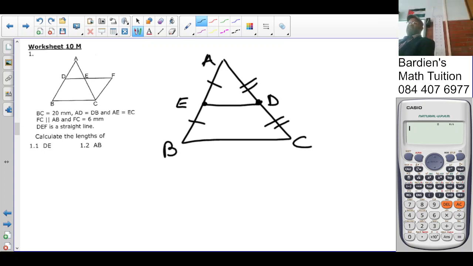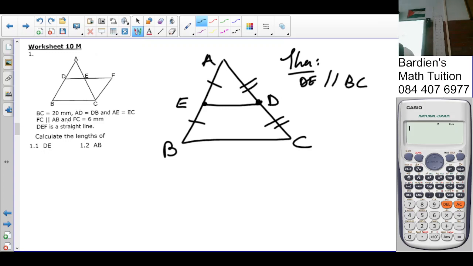If that is the case, then we can conclude that DE, this line here, is parallel to BC. Make sense? And the line BC is double DE, or double ED.